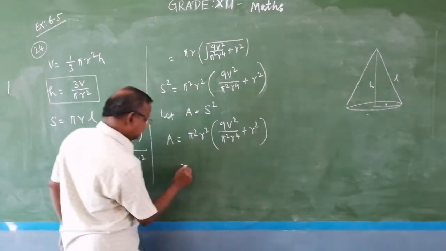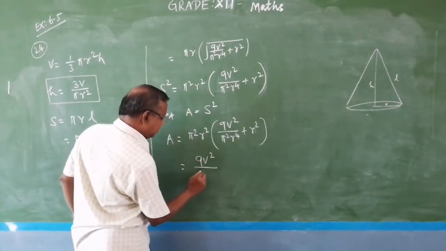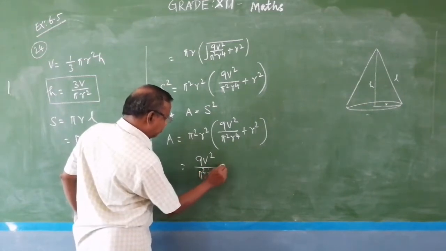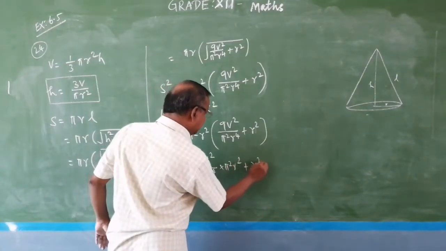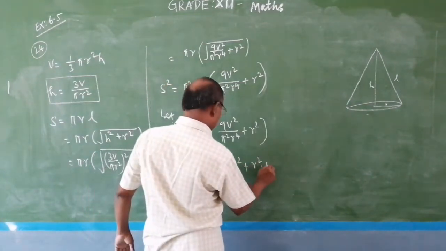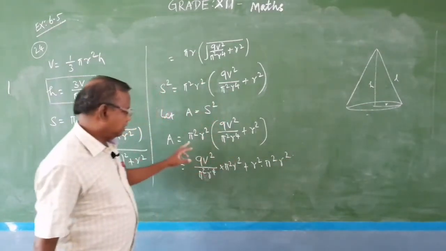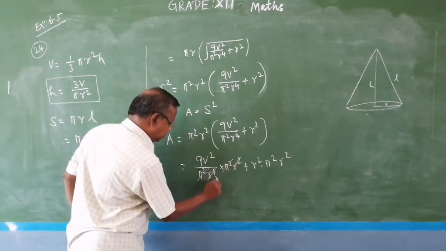So multiplying this term in everywhere, we get 9V square divided by pi square r power 4 into pi square r square plus r square into pi square r square. Now pi square cancels, and r square remains.